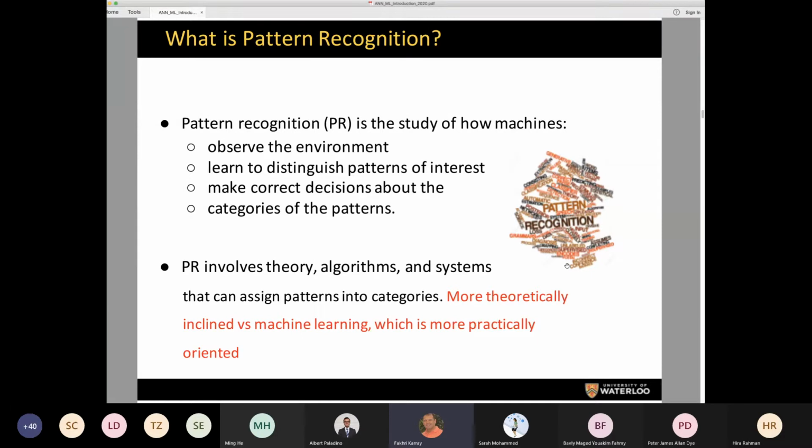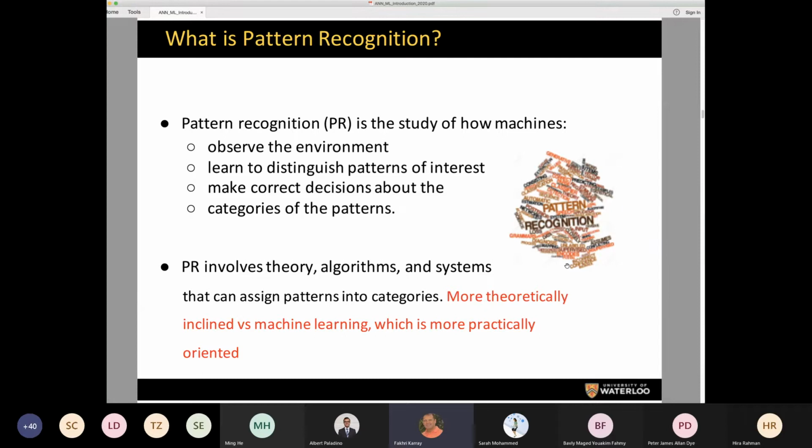We will talk about the difference between classification and clustering later on. How to make correct decisions about the categories of the patterns. So pattern recognition also provides us with means for making decisions about the classes of patterns that we are handling. Pattern recognition involves theory, algorithms, and systems that can assign patterns into categories.